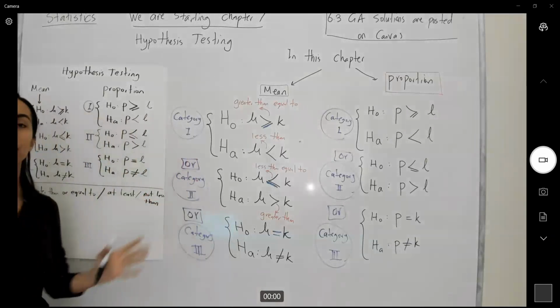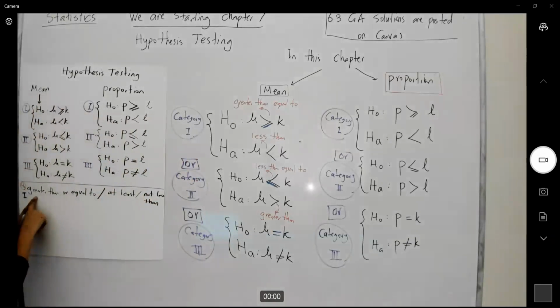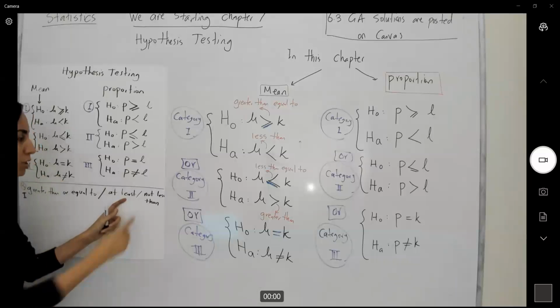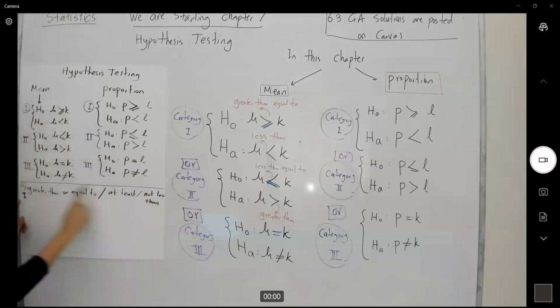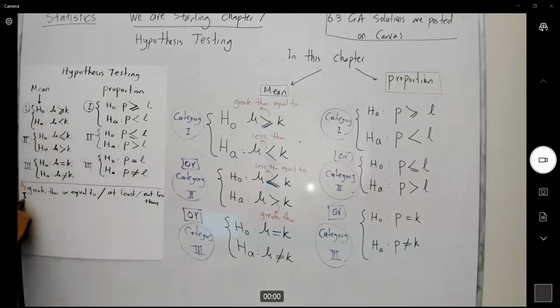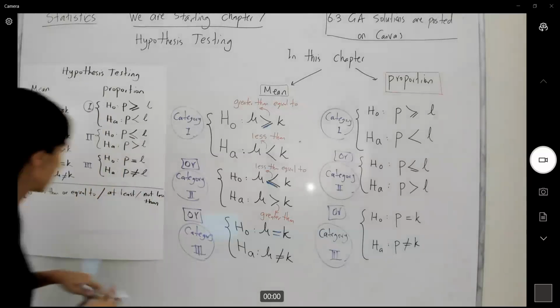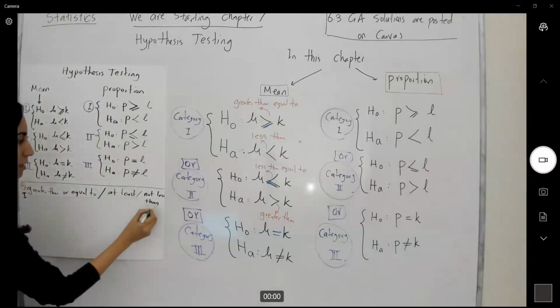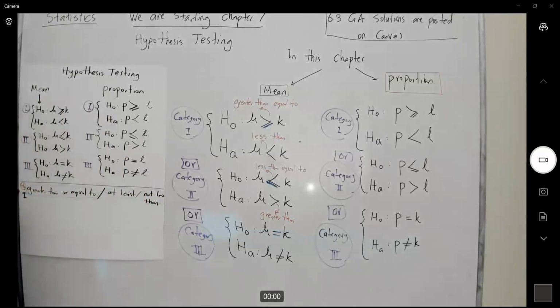So when you read an example and you see greater than or equal to, or in the question you see the keyword at least, or not less than, it means that your null hypothesis in category 1 is given. So you can quickly form your alternative hypothesis. So greater than or equal to, at least, not less than: null hypothesis, category 1.